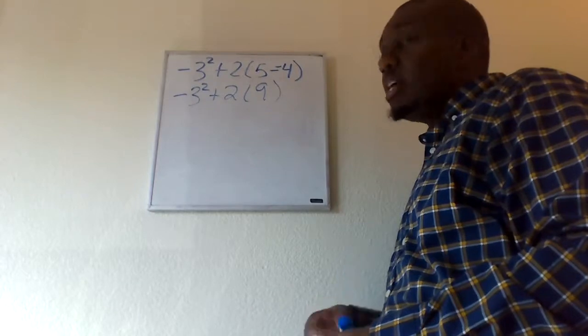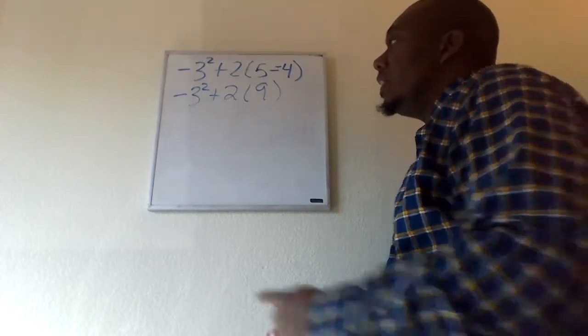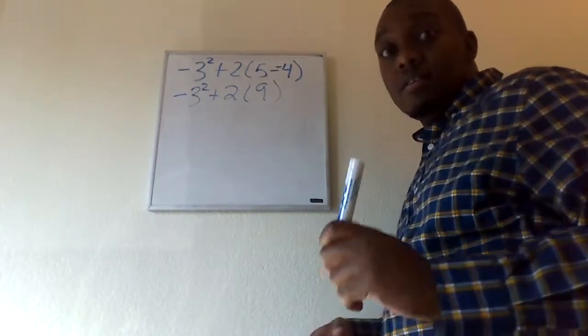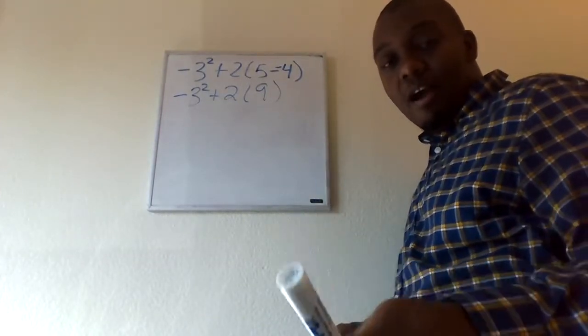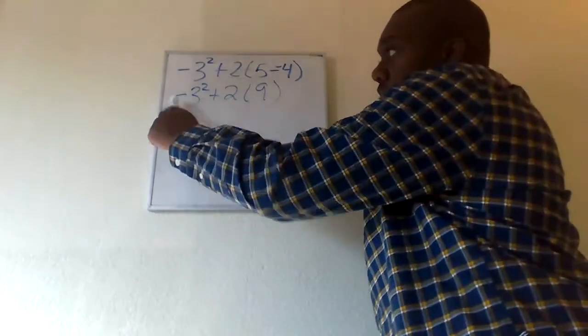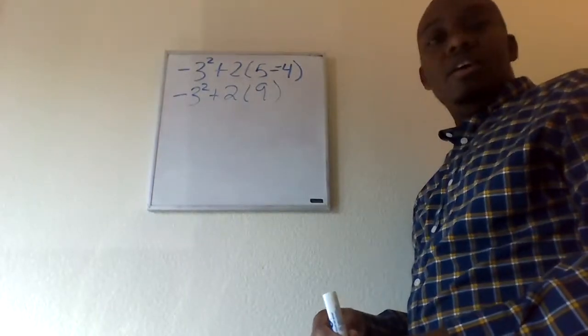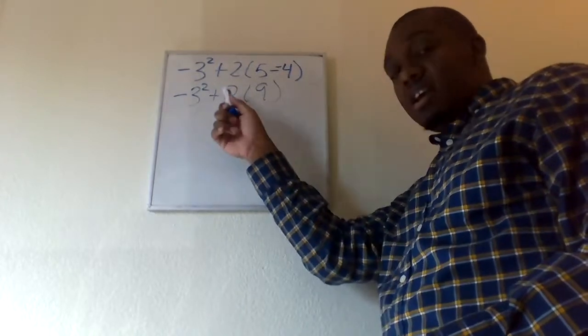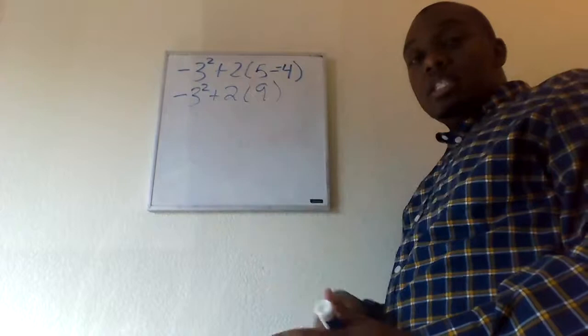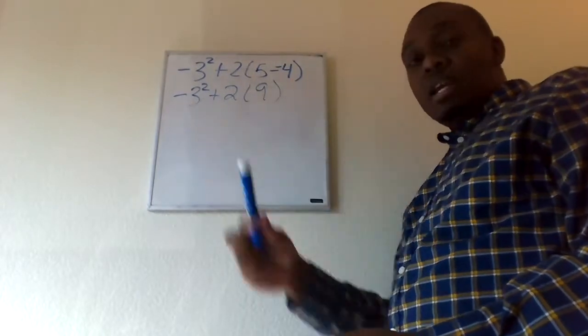Next is exponents. Okay, so -3 squared. That's what we're looking at, right? Order of operations. This negative is in front of the 3. No, it's not. It's in front of the 3 squared. So what are you going to do first? Exponents. What's the exponent on? It's on the 3.